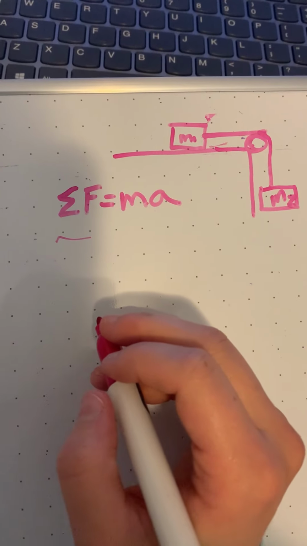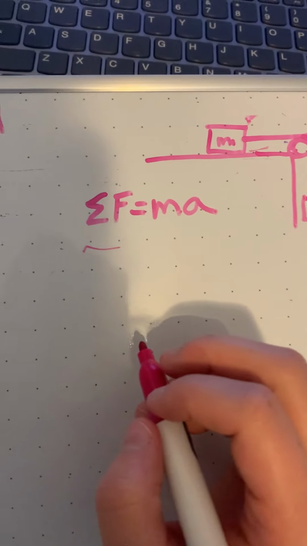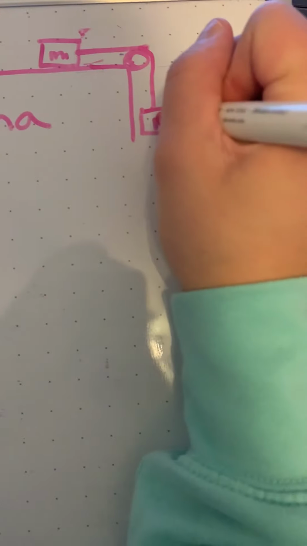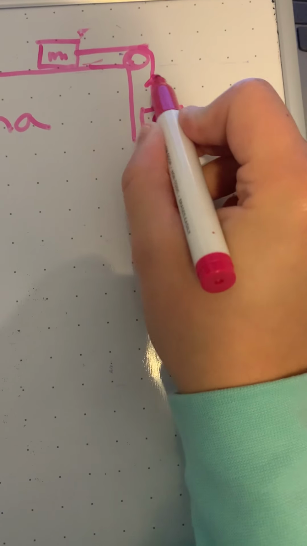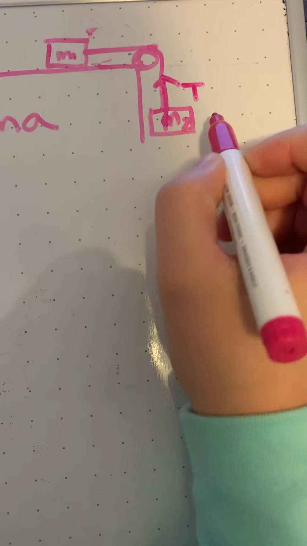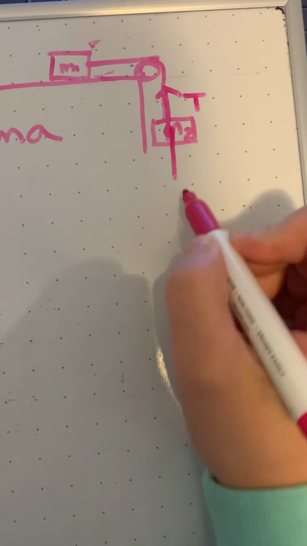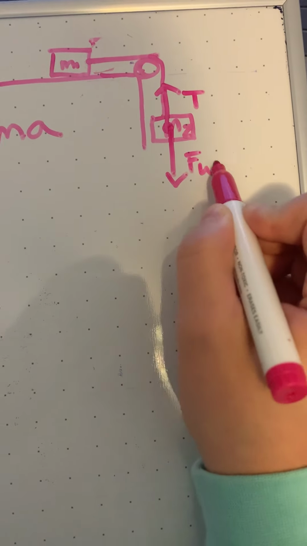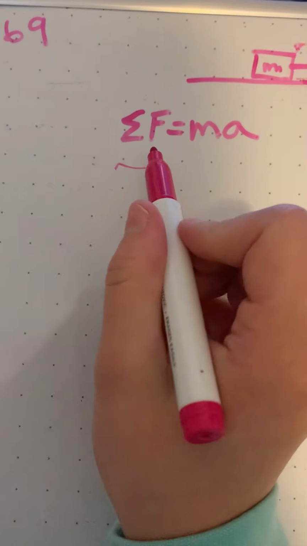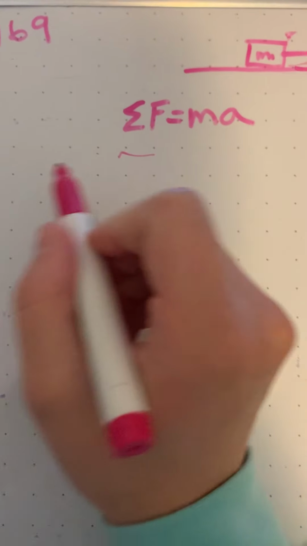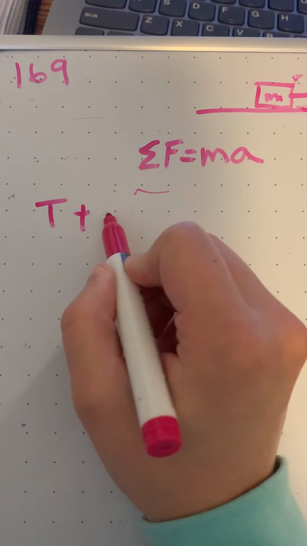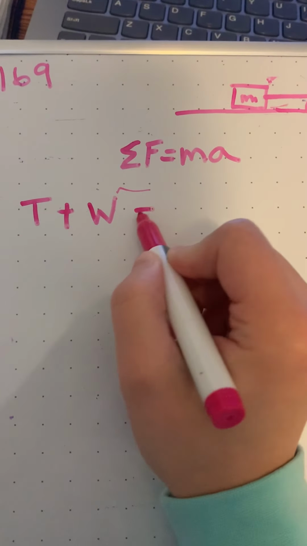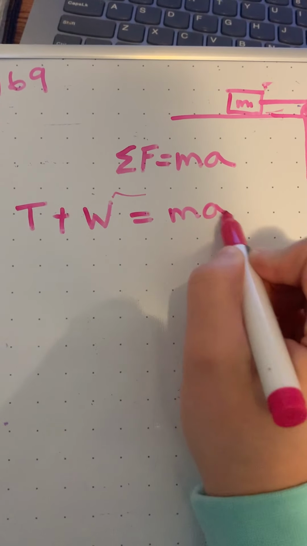For mass 2, since it's not resting on a surface, the only forces acting on it are the tension and the weight of the block. So the sum of the forces for block number 2 is tension plus weight equals mass times acceleration.